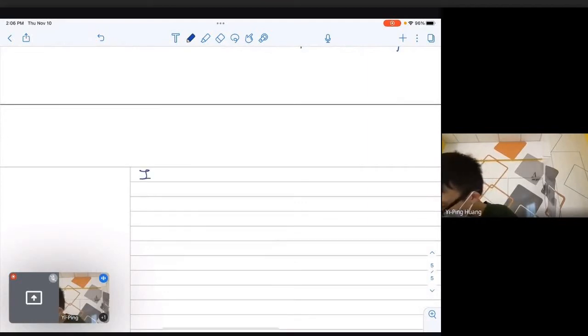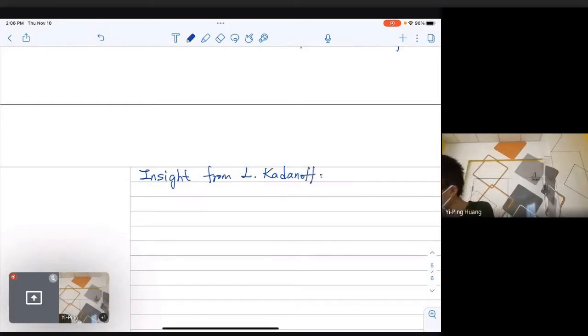Here is the important insight from the inventor of this idea, Leo Kadanoff. The insight is not very trivial, but I'll write it down and give some flavor of what is going on.